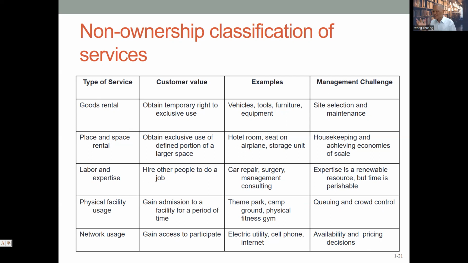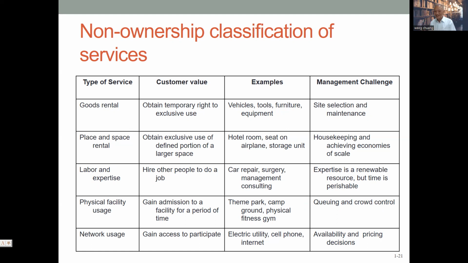And the management challenge is that expertise is a renewable resource, but time is perishable. So expertise is renewable. You need to enhance your expertise all the time. So it's renewable, but time is perishable. So you have to learn the most, to build and enhance your expertise in a short time.